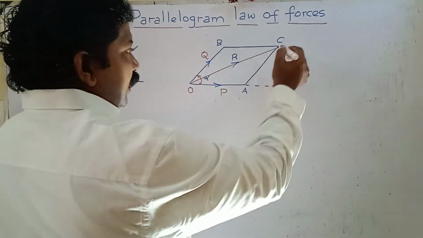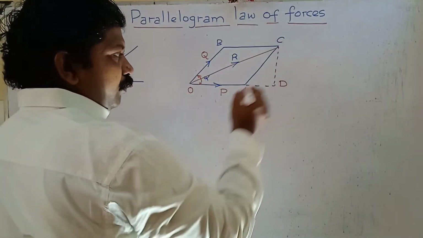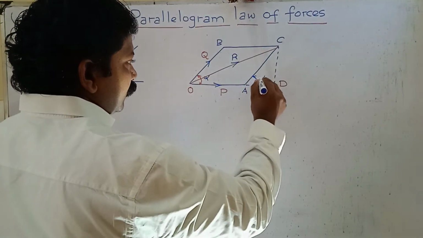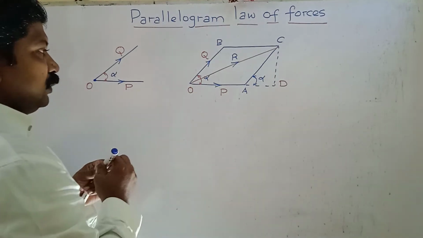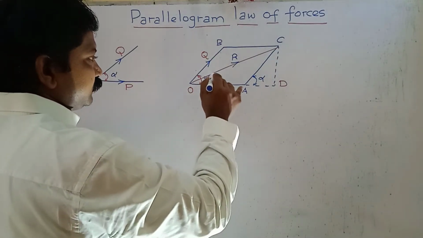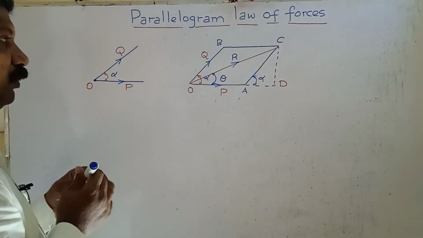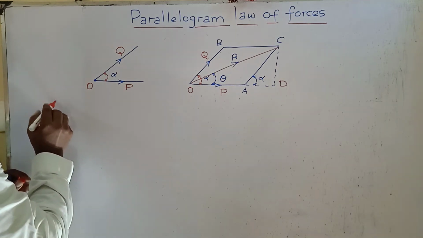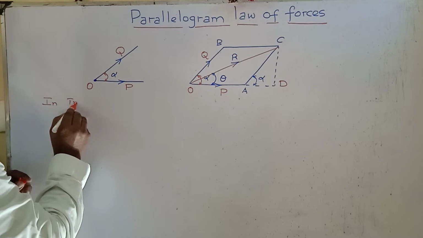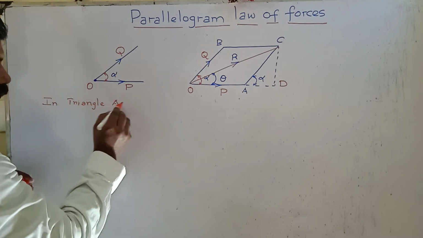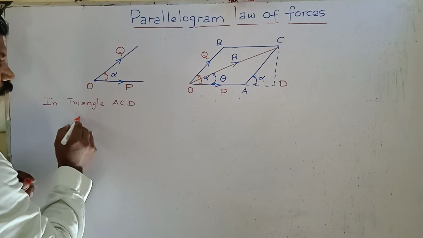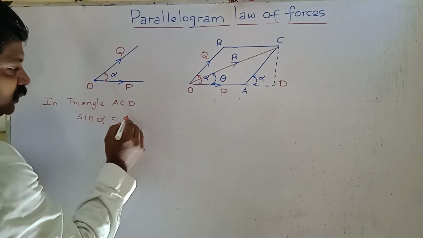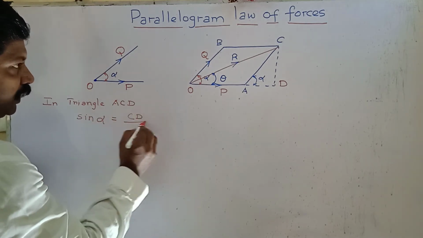Now draw a perpendicular line from C to the extended line OA and mark the point D. This angle is also alpha. The direction of the resultant is theta with the horizontal. Now in triangle ACD, sin alpha equals opposite side by hypotenuse, so CD by AC.